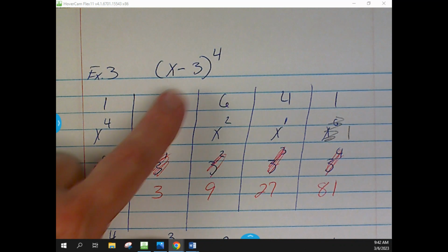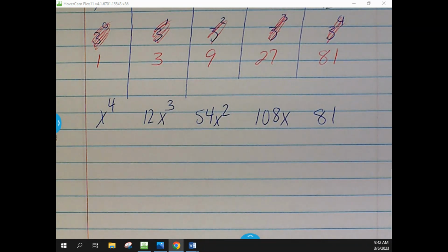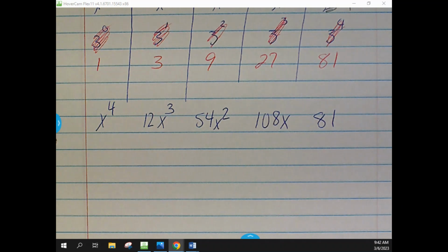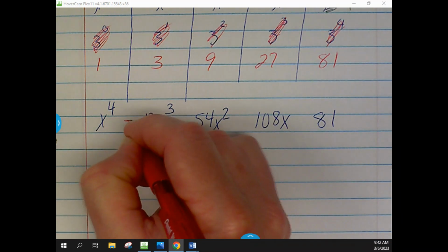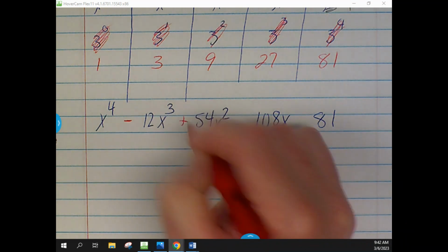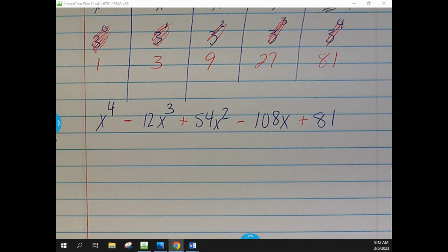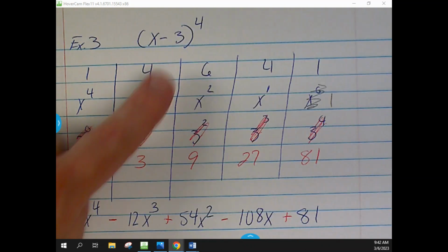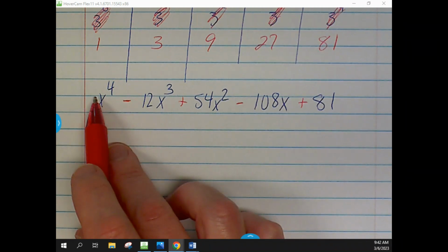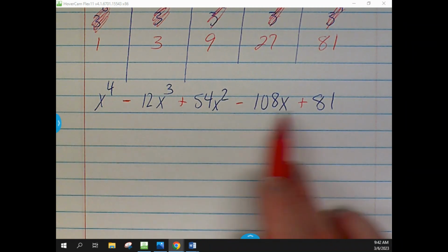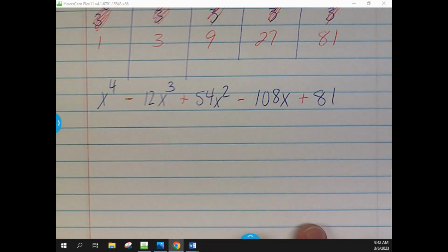Okay, now if this was plus, every single one of these numbers would be a plus all the way down. But because it's a minus in the middle, you're going to alternate. Start with a positive. Next one is a negative. Next one's a positive, negative, and then a positive. So if there's a minus in the middle, all you have to do is alternate your answers starting with positive, and then just go positive, negative, positive, negative, or whatever the pattern may be.